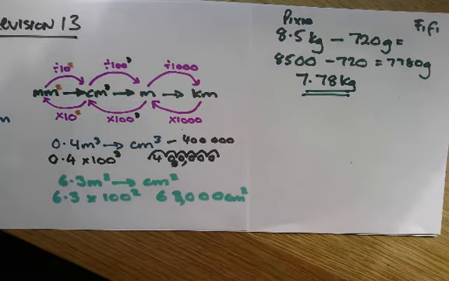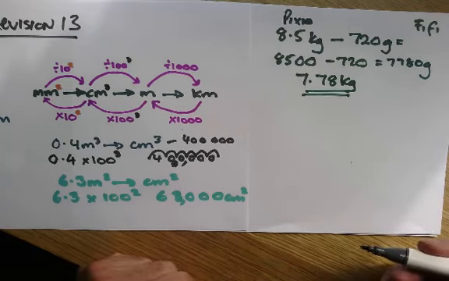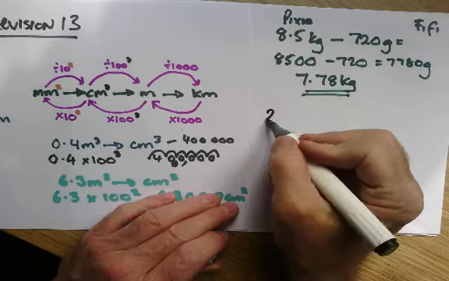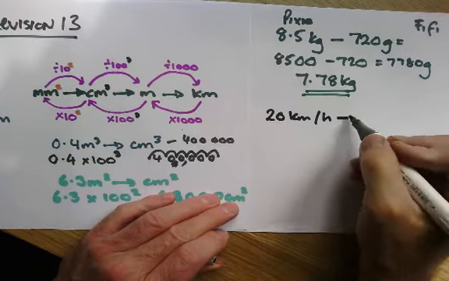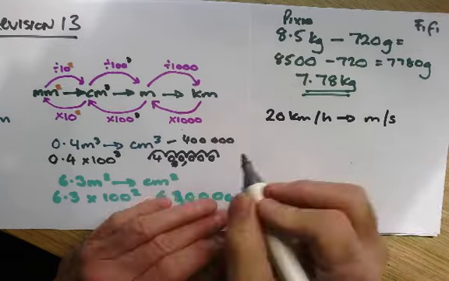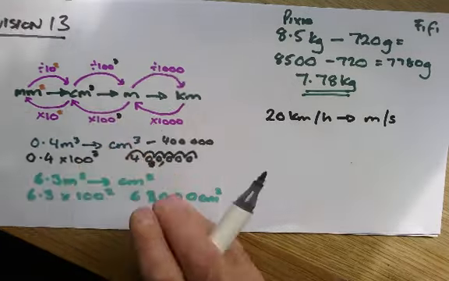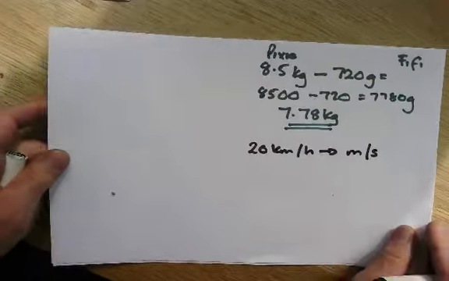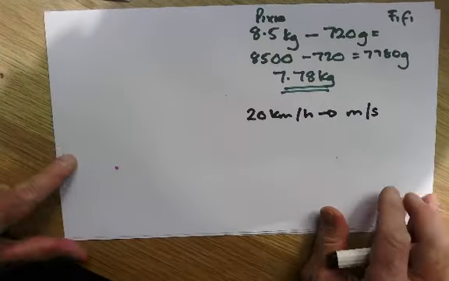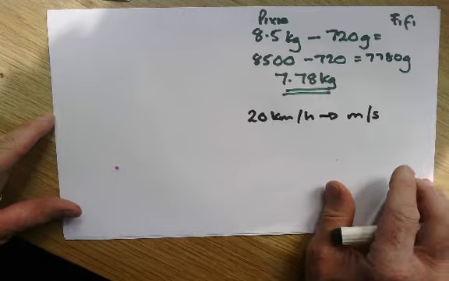Now the final question they've got here is somewhat different, and it says convert 20 kilometers per hour into meters per second. So this is a very different type of thing, nothing to do with this really. So how do we answer a question like that? Well, there's lots of ways to do this.